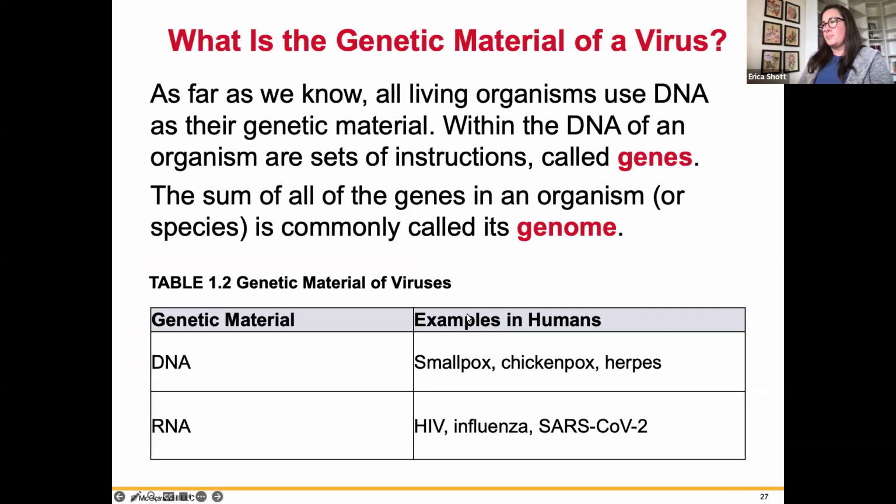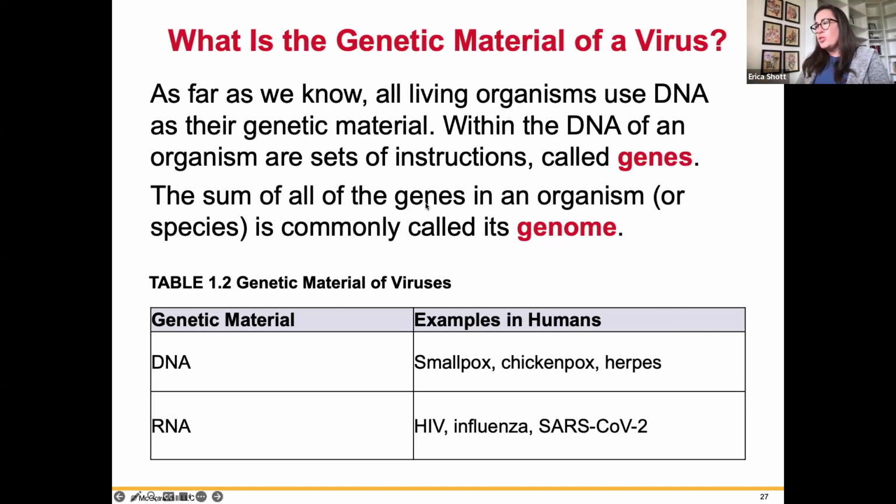Okay, so the genetic material of a virus is going to be DNA or RNA. With COVID, we said it's an RNA-based virus, but all organisms use DNA. And in the DNA, we have genes. So the genes inside the DNA are going to code for a single protein typically.